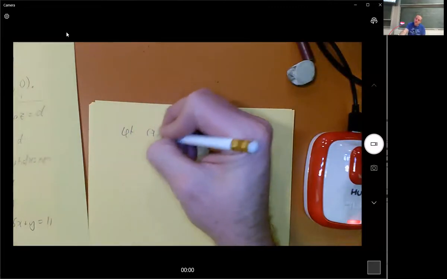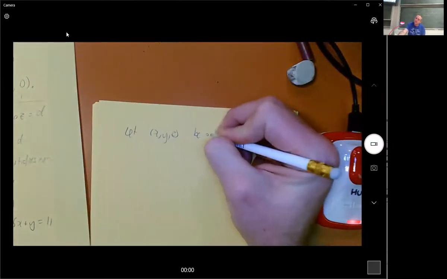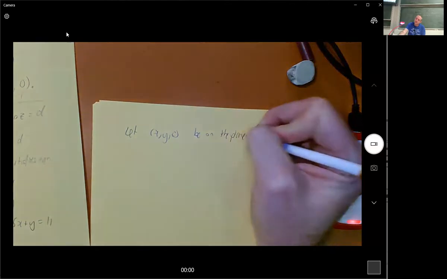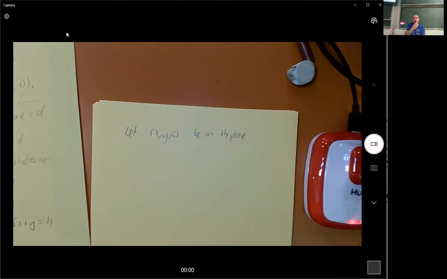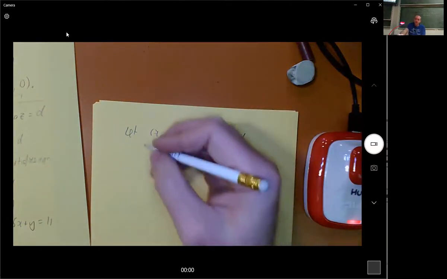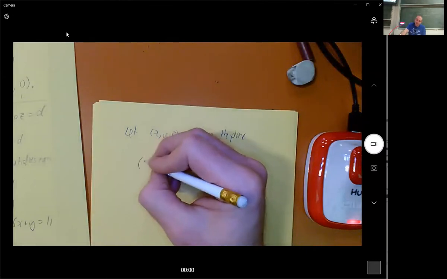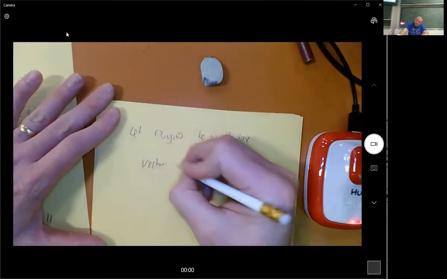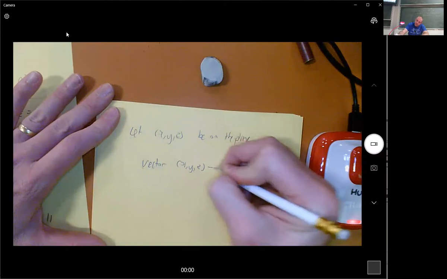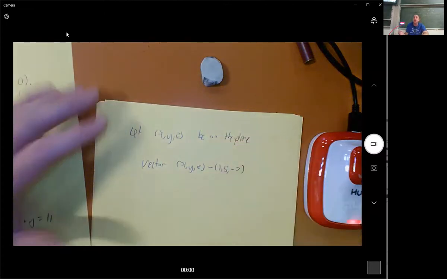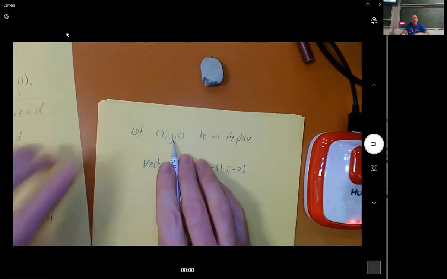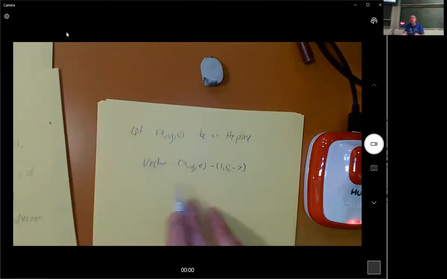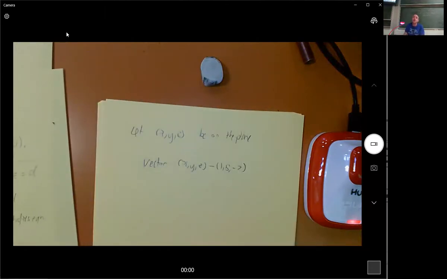The other way to say it is that, you know, let x, y, z be a point on the plane. And then you know that every vector in the plane is perpendicular to the normal vector. And so therefore the vector x, y, z minus 1, 5, negative 7 is in the plane, because 1, 5, negative 7 is a point on the plane, so this vector should be in the plane because it connects 2 points on the plane.